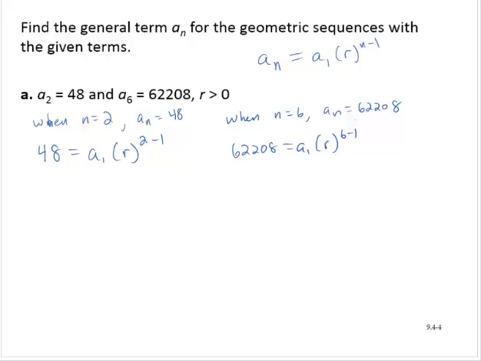And you might have learned how to do something similar to this back when you were studying exponential functions. So what we're going to do is use division. I'm going to take 62,208 is equal to a sub 1 by r to the 6 minus 1, which is 5, and 48 equals a sub 1 by r to the first, and divide the left-hand sides and right-hand sides.